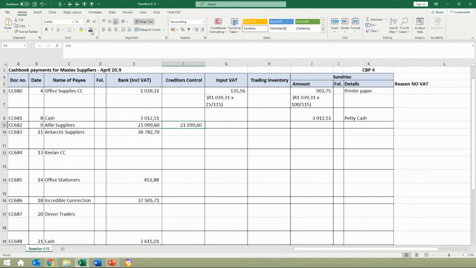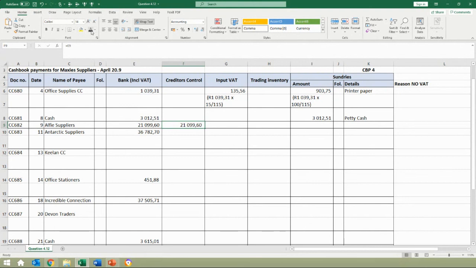Okay, so remember we said on the perpetual inventory system, when we buy inventory, we take it to our asset account. So for that reason, we are taking it to trading inventory, which is our asset account.